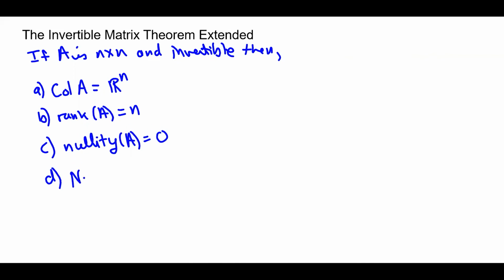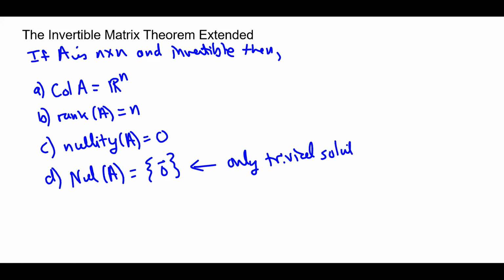That means the null space of A has just one vector in it, the 0 vector. That's another way of saying only the trivial solution, right? We'll only have the trivial solution, then the null space is just going to be the 0 vector.